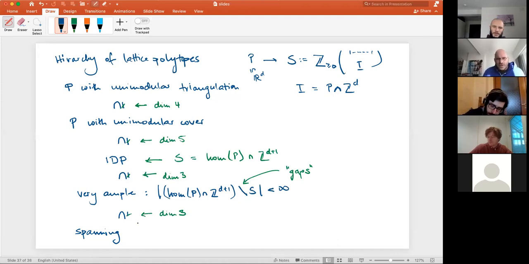So what does spanning mean? Now I'm doing some construction just on the level of polytopes.